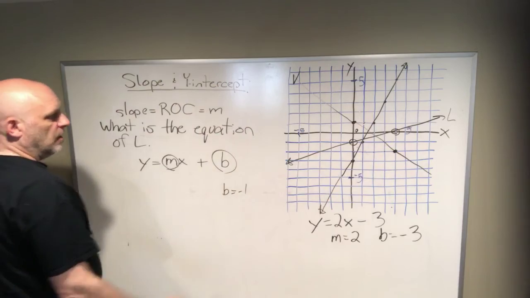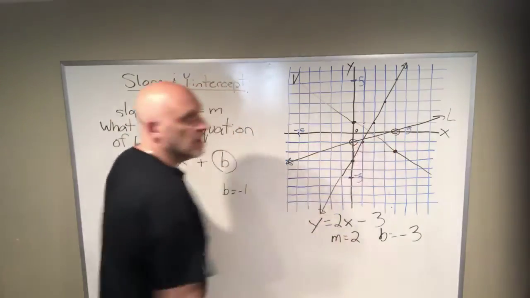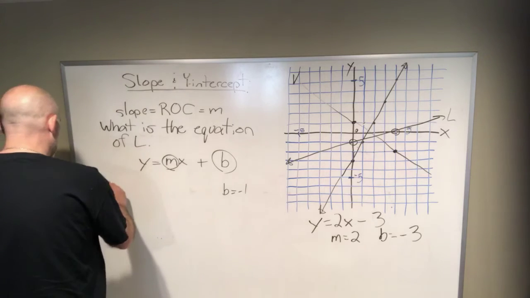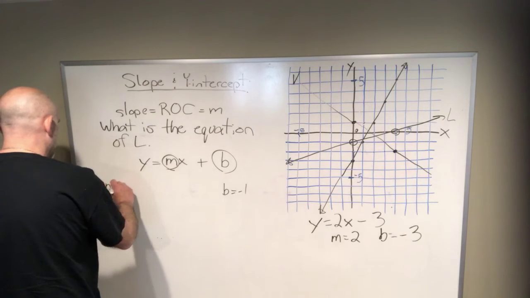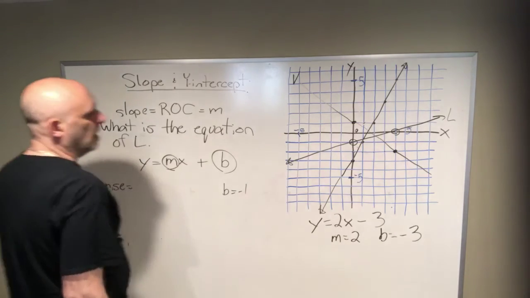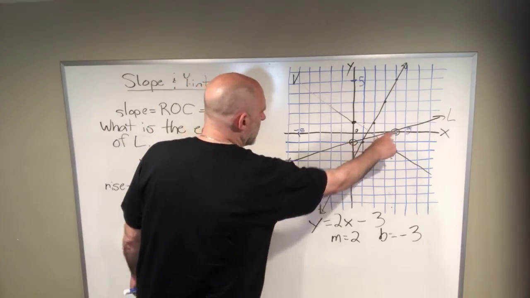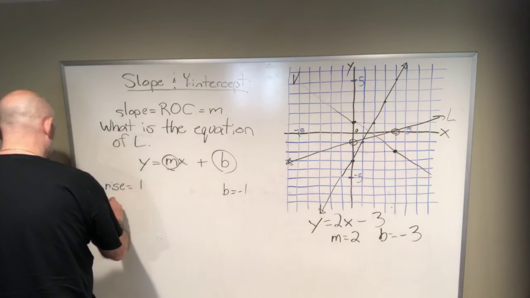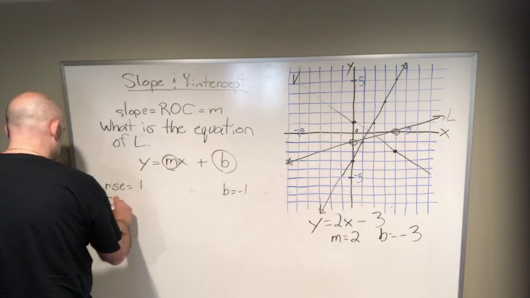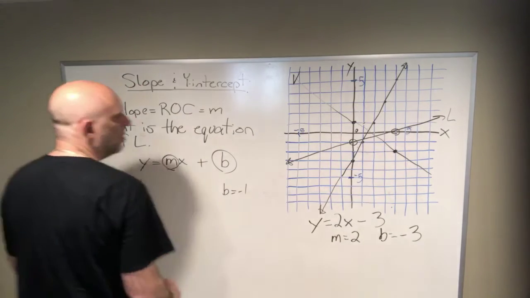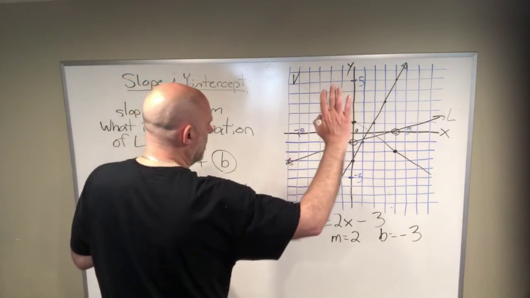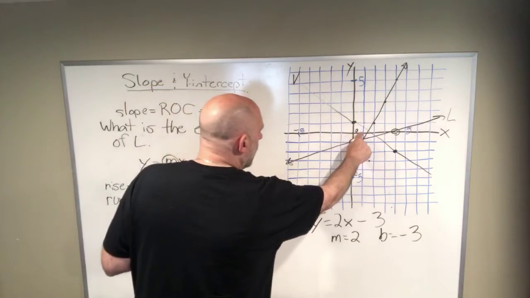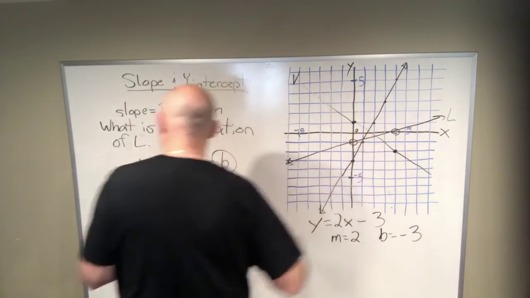Or to go from here to there, how much are we going up? How much are we going across? So the rise is from there to there. We're going up 1. The run, how much are we going across? Well, we're going to the right, positive, okay? 1, 2, 3, 4.